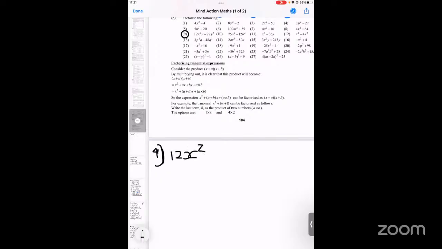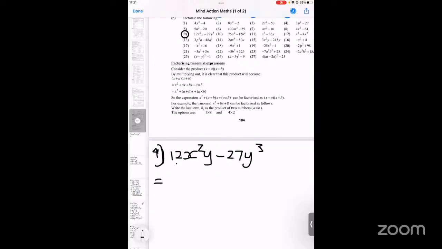So there we have 12x squared y minus 27y to the 3. Okay, you see this one, Gracie, can 12 be written as something squared? No, sir.